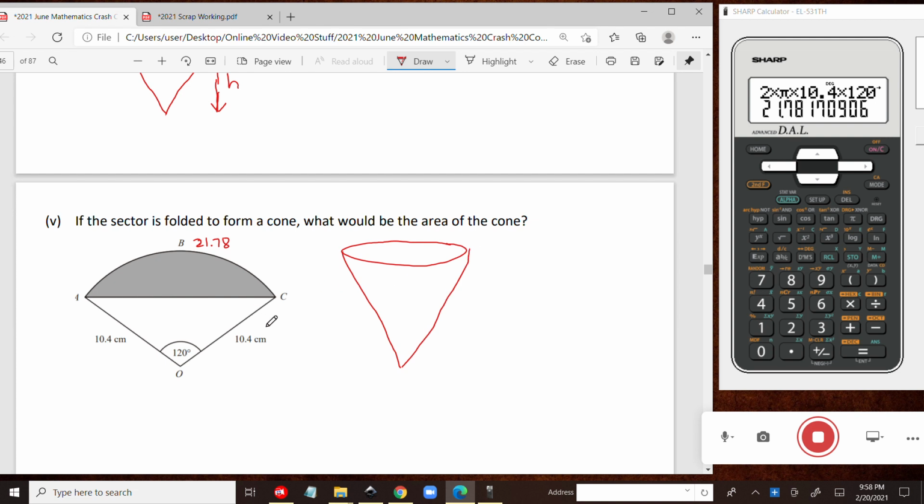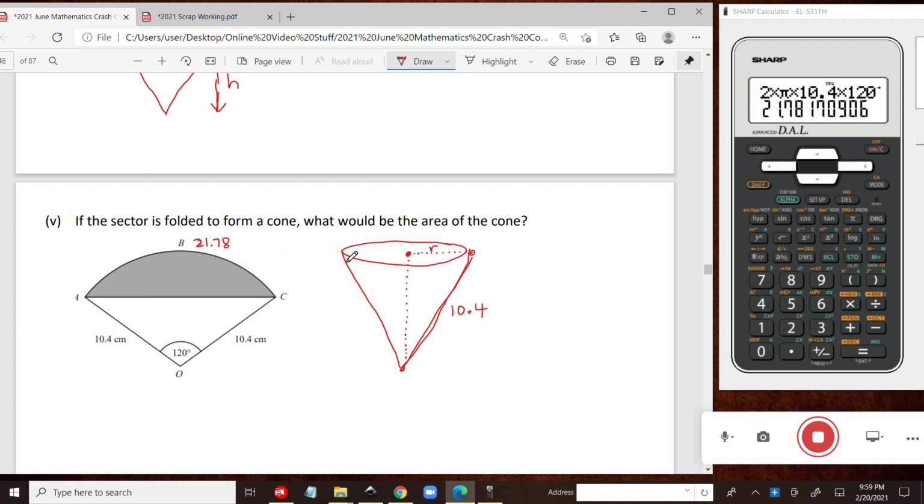Now, if O to C will be the slanted part, here will be 10.4. So that's not the height of the cone, that's the slanted piece of the cone. The height of the cone would be this dashed line here, which we don't have as yet. Also, we don't know the radius of the cone as yet.